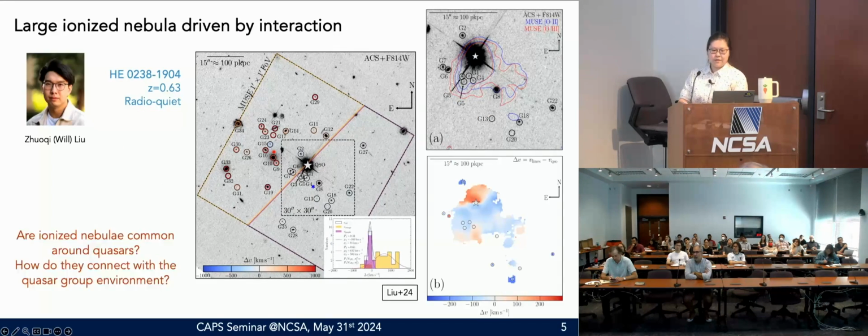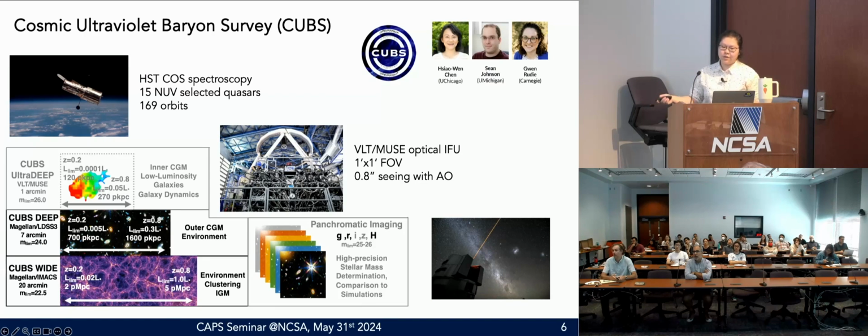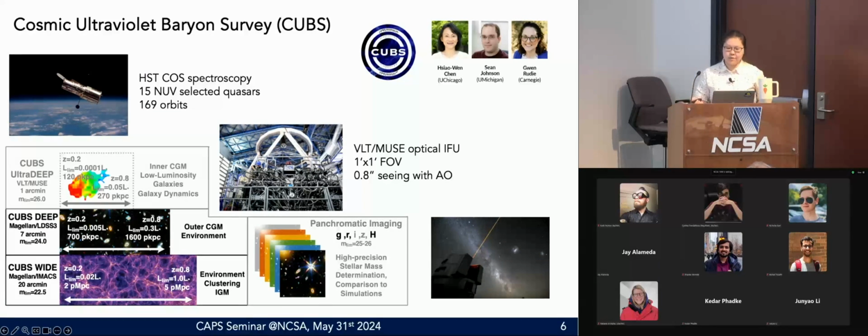Yeah. Good. So to answer these questions, we use data from the CUBS survey. The CUBS survey is led by 3 people: Xiaowen Chen from UChicago, Sean Johnson from Michigan, and Gwen Rudy from Carnegie. The CUBS survey itself is a CGM survey. It is designed to census CGM and IGM in the sightlines of 15 very bright quasars around redshift 0.8 to 1.